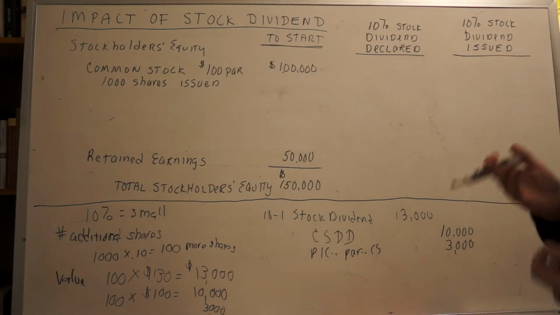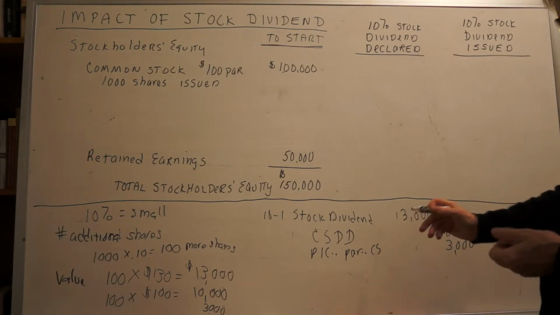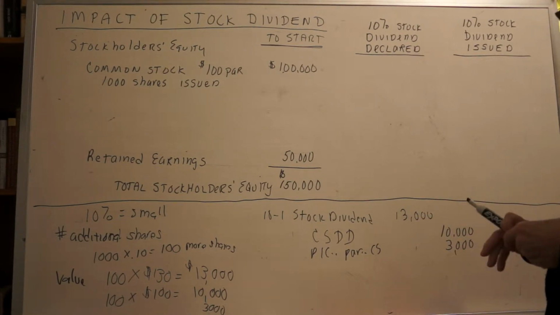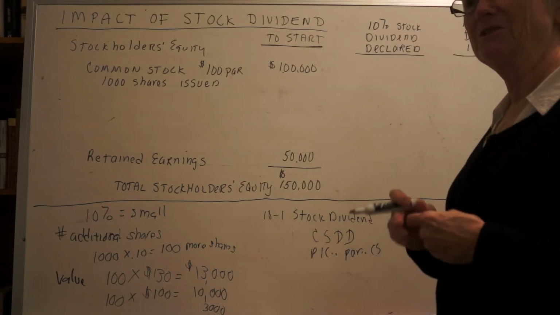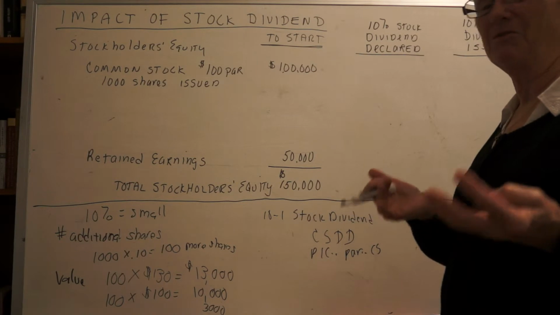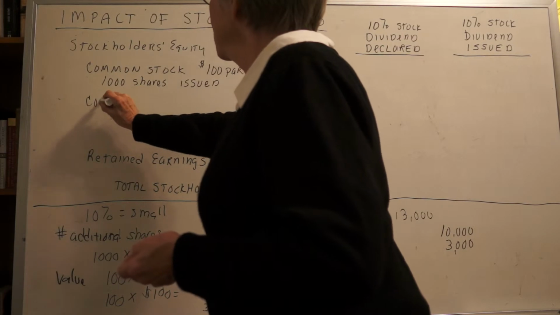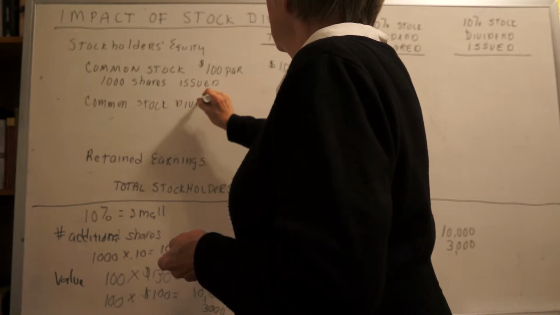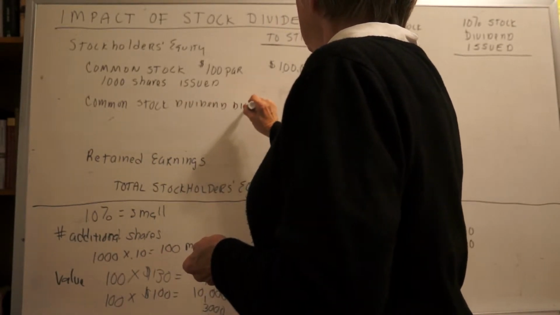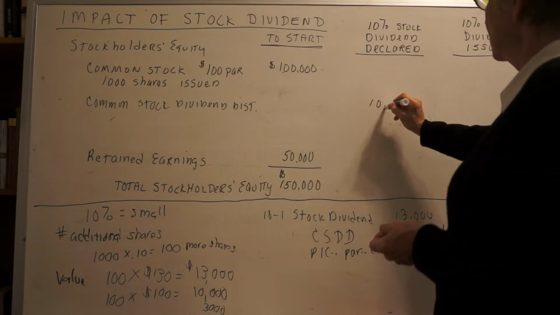Okay, let's see how this would impact the stockholders' equity section. So we have a stock dividend. Common stock dividend distributable is going to be reported in the stockholders' equity section if it hasn't been distributed by the date of the financial statements. So once we declare it, right after our common stock, we'd have common stock dividend distributable, and that would be $10,000.